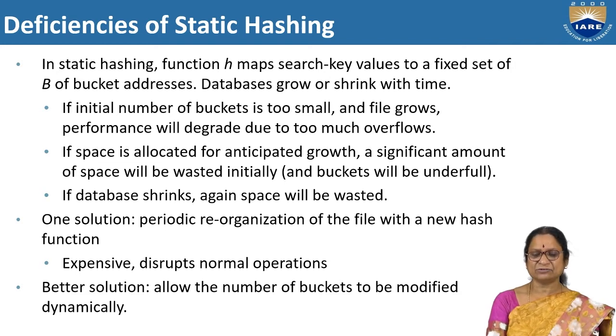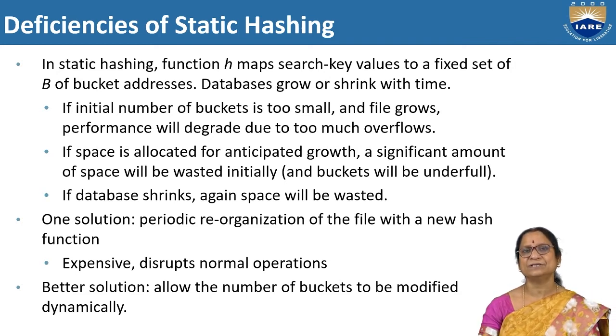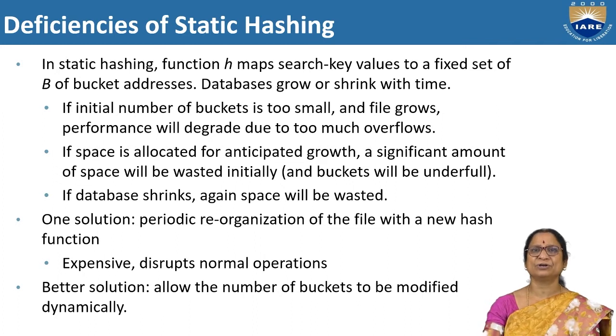Also, space is allocated for anticipated growth, because whenever we create hashing indices or a hashing file organization, only 50% of the bucket should be filled initially. The remaining part will be filled depending upon the day-to-day operations we perform on our database.